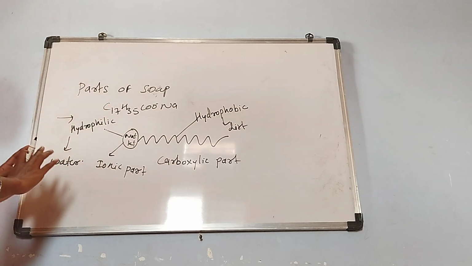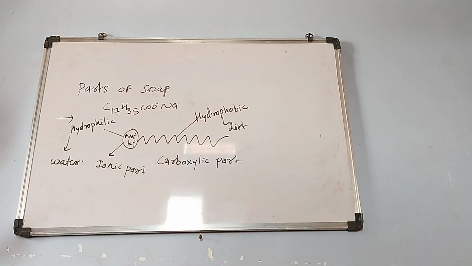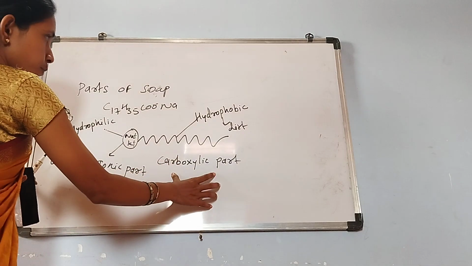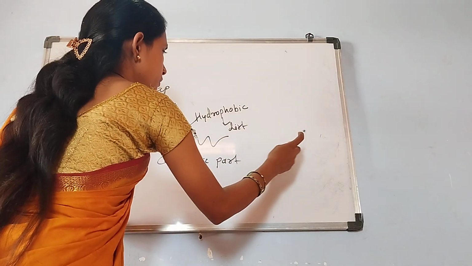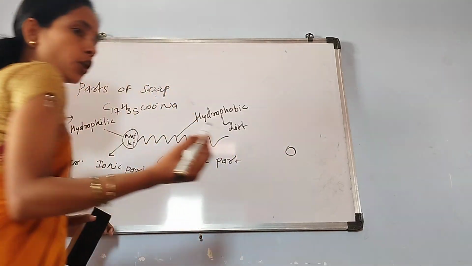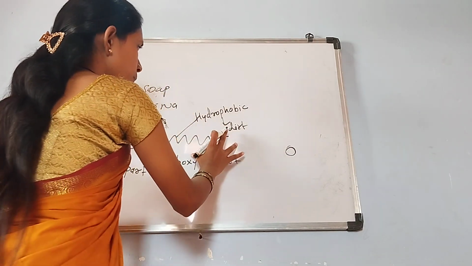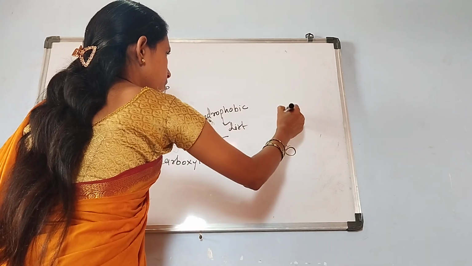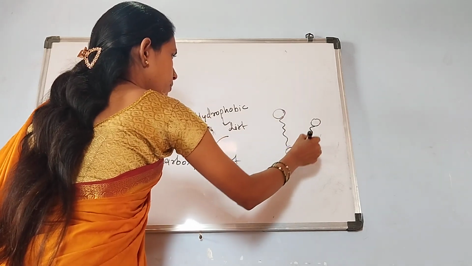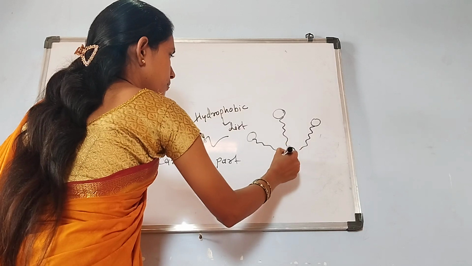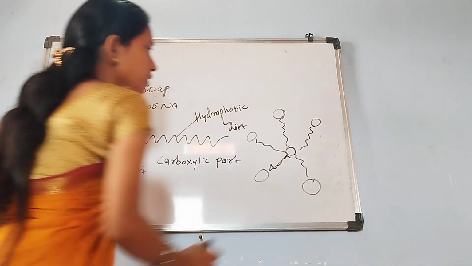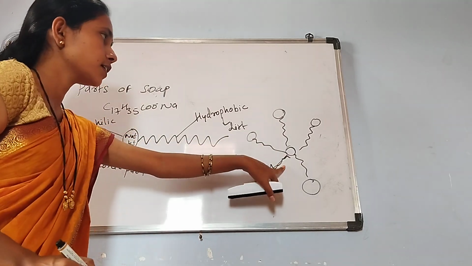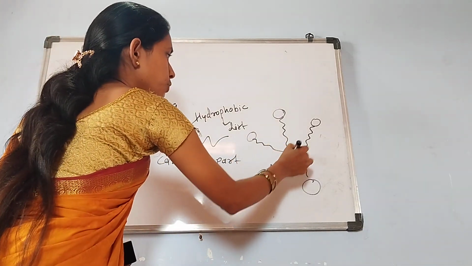Now we'll discuss the cleansing action of soap, how it works. This carboxylic acid part, the hydrophobic part, now we can see here, this is dirt. We know it is oily in nature, so this hydrophobic part will encircle it and try to remove this dirt.